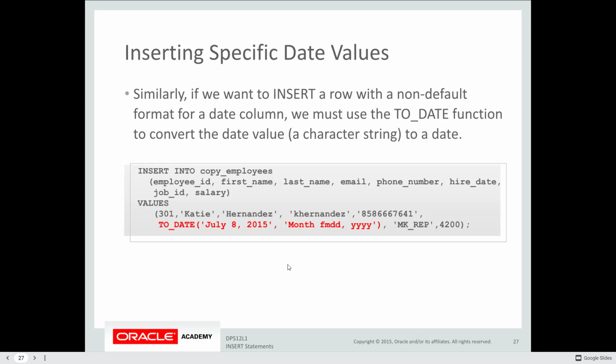All right. Similarly, if we want to insert a row with a non-default format, it's the same thing. Basically, if you want to use a TO_DATE, remember the format there, and then your formatting characters and all that, just go back to that.